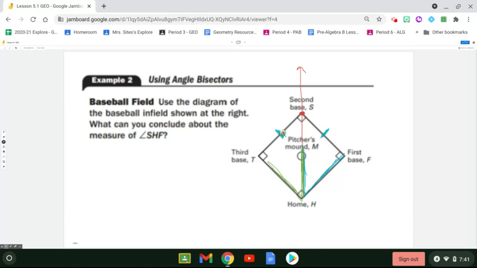So if you know that fact, that's equal distance to get from second base to first base as it is to get from second base to third base, then this is actually an application of the converse of the angle bisector theorem. So I'm going to write that down. Let's write that down on our answer page. So converse of angle bisector theorem.